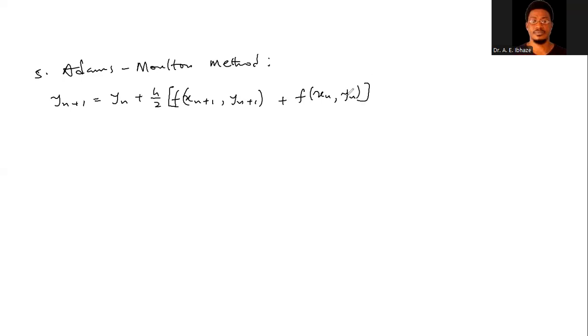Now, you'll also observe that y_n plus 1 appears on both sides, okay? Making this method implicit. So we can actually solve this iteratively.